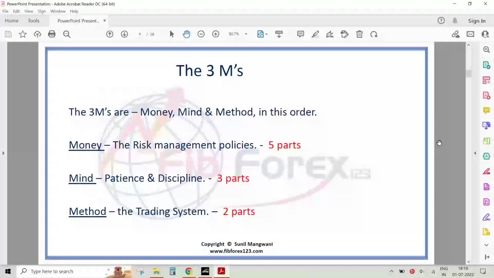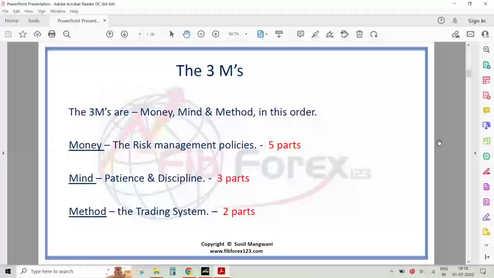Let me start with the concept which I always discuss, which was in the previous webinar also: that as a trader, you're not looking only at technical analysis to succeed in trading. You're not looking at charts and trading systems only. You have to incorporate the three M's into your trading system, into your trading plan. The three M's are money, mind, and method, in that priority.